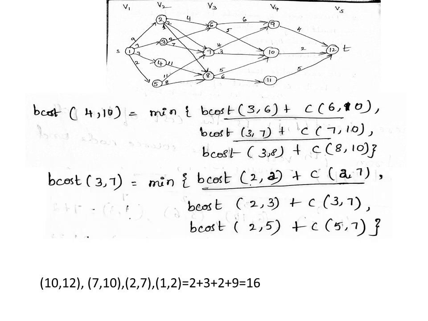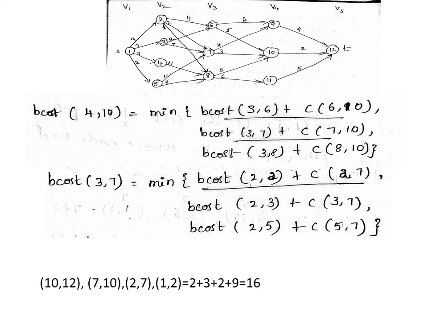In 4, 10 we have one more minimum cost path, that is from 7. If we trace back, we have 7 to 10. Here I have noted 10 to 12, then 7 to 10, then go back to 3 to 7. In 3 to 7 we have underlined the minimum cost path, that is 2 to 7.